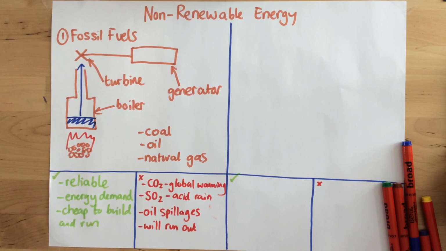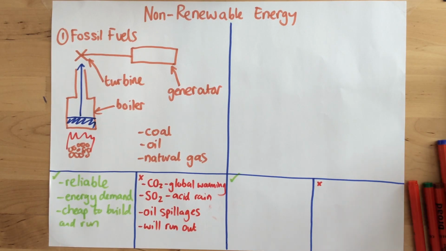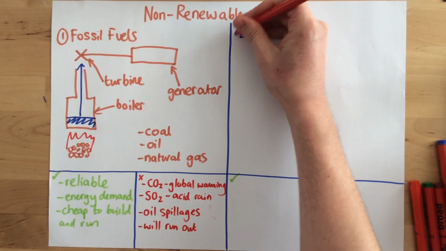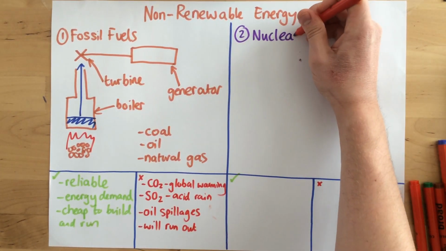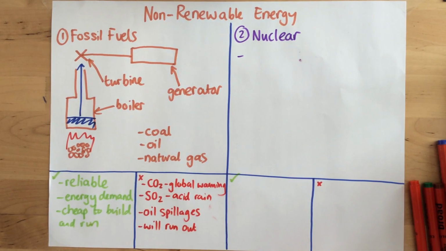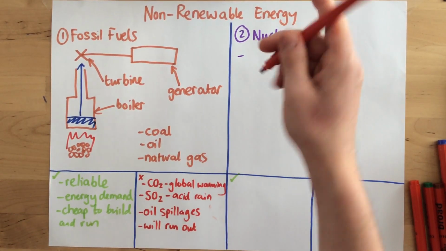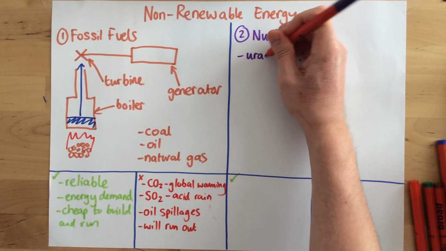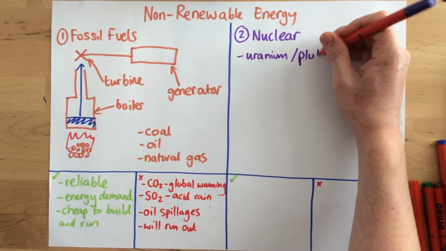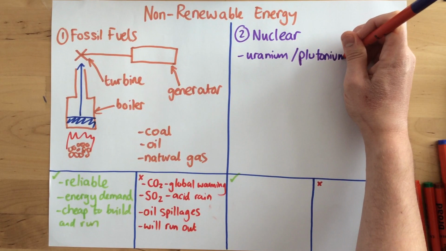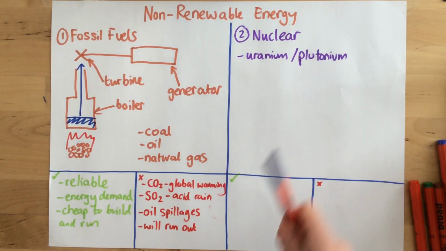Now the other type of non-renewable energy source is nuclear power. So instead of using fossil fuels, we have these different fuels called uranium or plutonium. Again, they're non-renewable because once you've used them, they're gone.